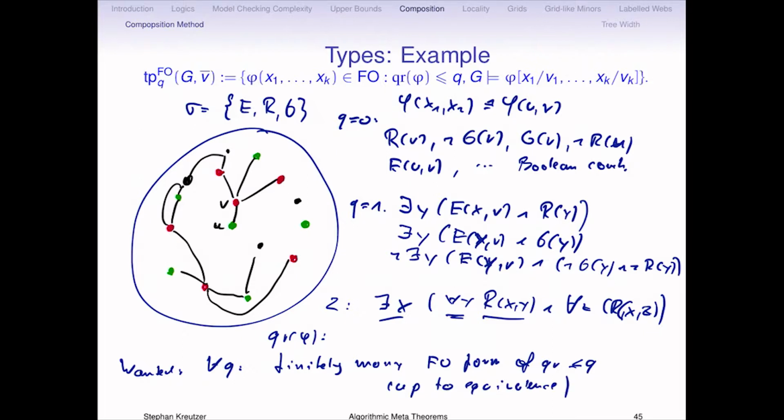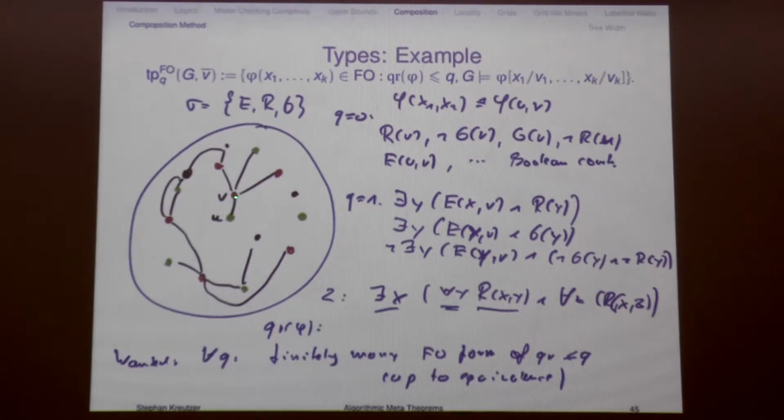Okay, but coming back to this example, quantifier rank 1 would just say I have one quantifier, and I can describe basically how this vertex v is connected to the rest of the graph, what kind of neighbors it's got and what kind of neighbors it hasn't got. And you do the same for green and so on and so forth.